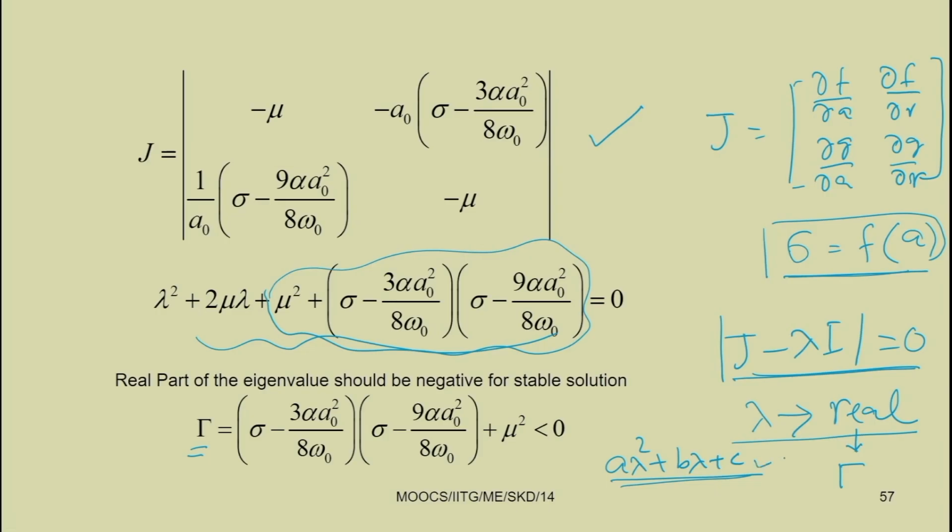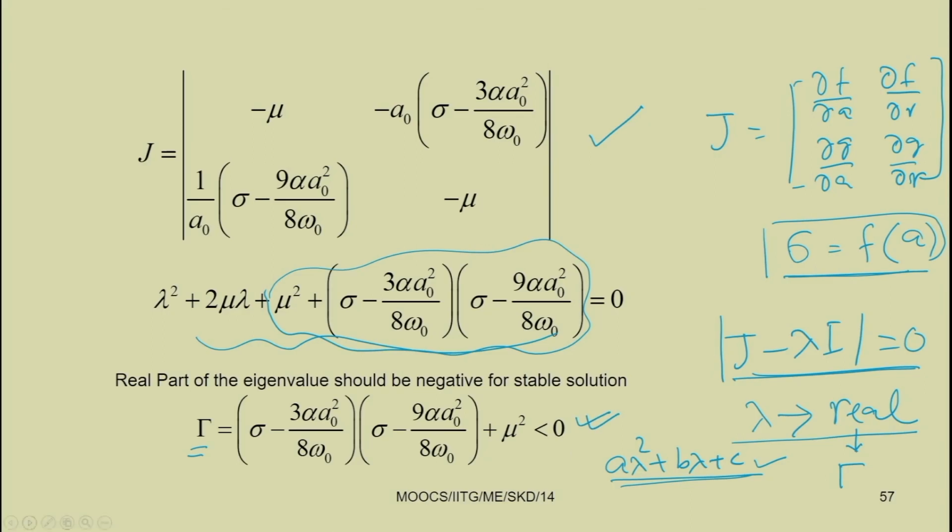By using that equation, you can write the condition for the real part: sigma minus 3 alpha A0 square by 8 omega 0 into sigma minus 9 alpha A0 square by 8 omega 0 plus mu square less than or equal to 0. When this condition is satisfied, the response is stable.